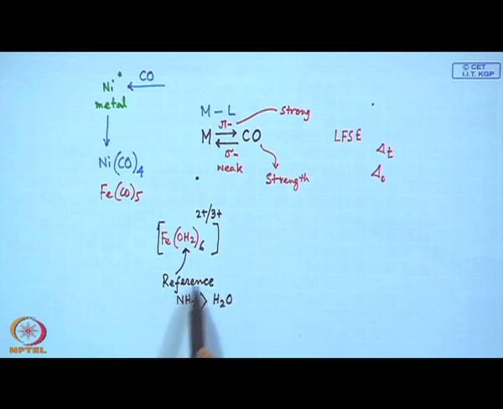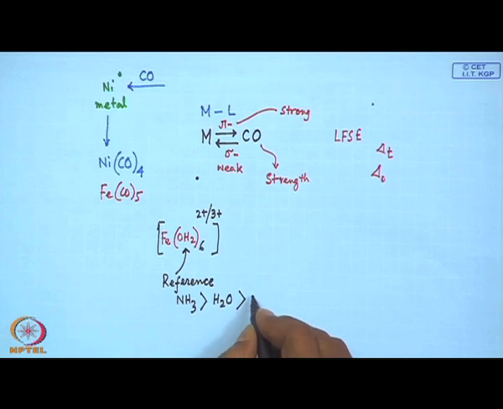If this is the reference and we count only sigma bonding interactions, we see that this is greater than this. Then we can have some other groups like the halides.